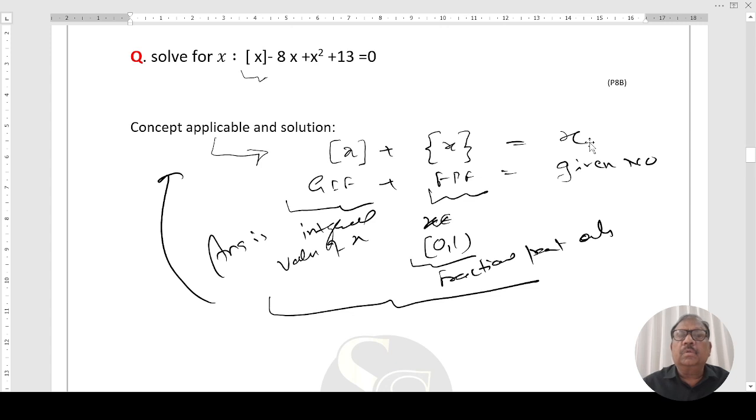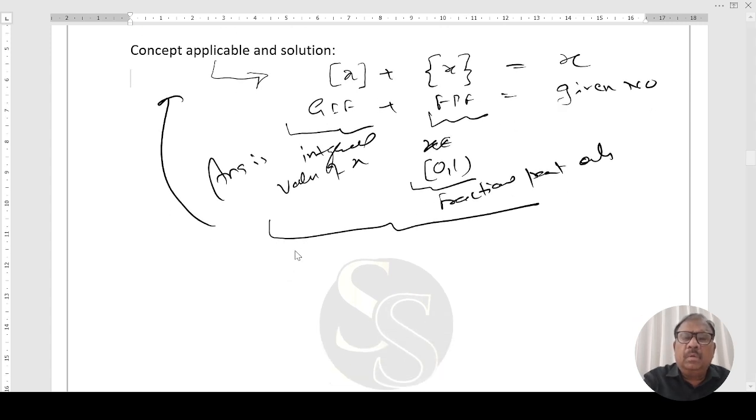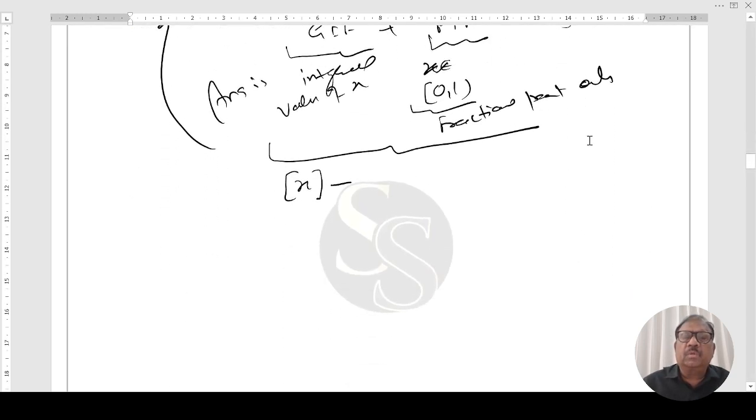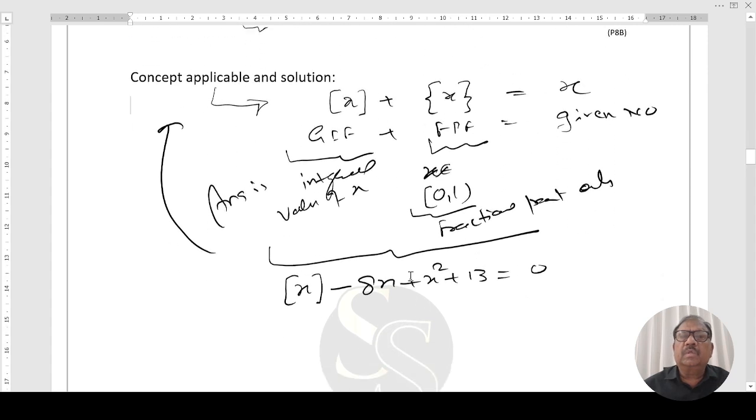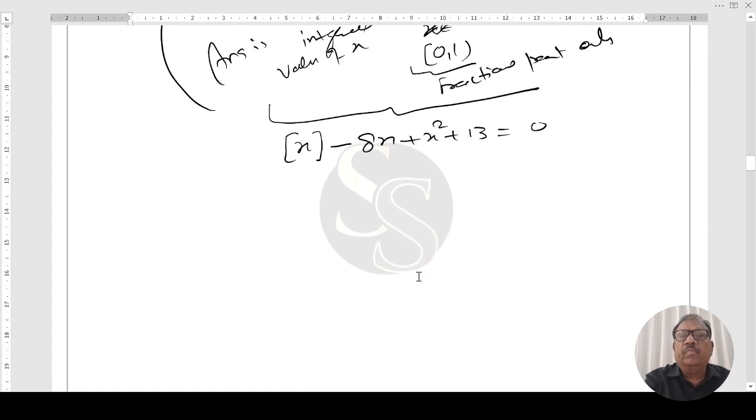Now let's start the question. Greatest integer function [x] minus 8x plus x square plus 13 equal to 0.